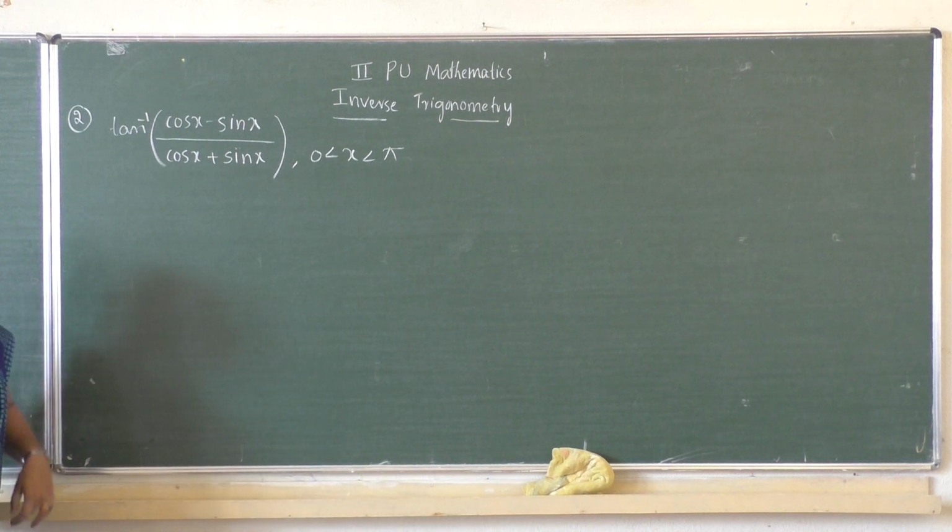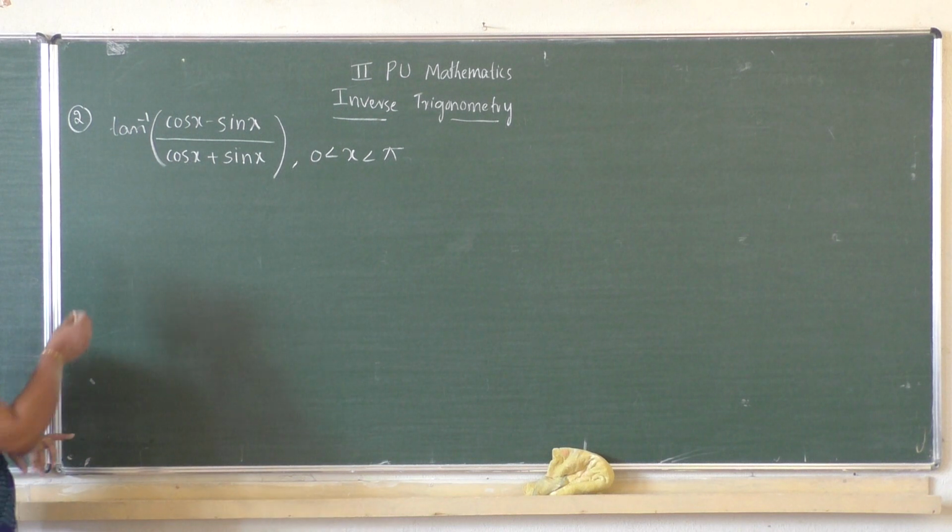So it is the given question: tan inverse of (cos x minus sin x) by (cos x plus sin x).